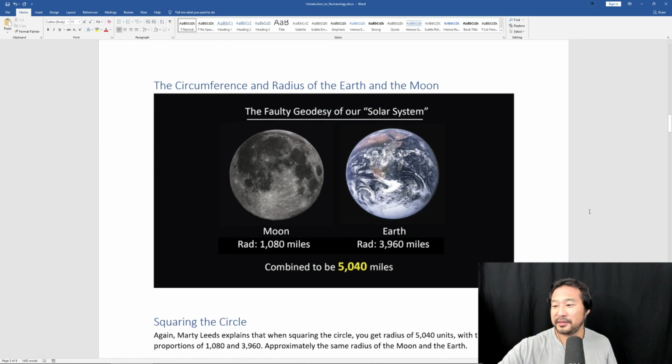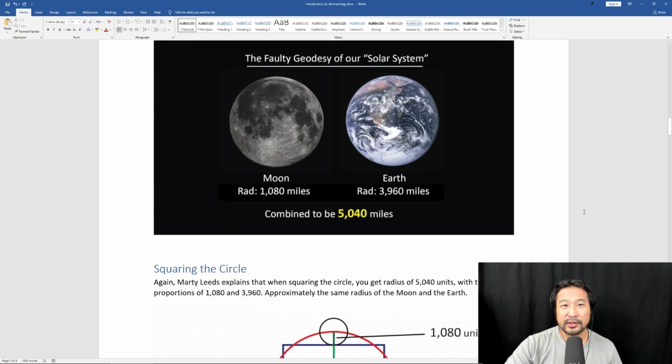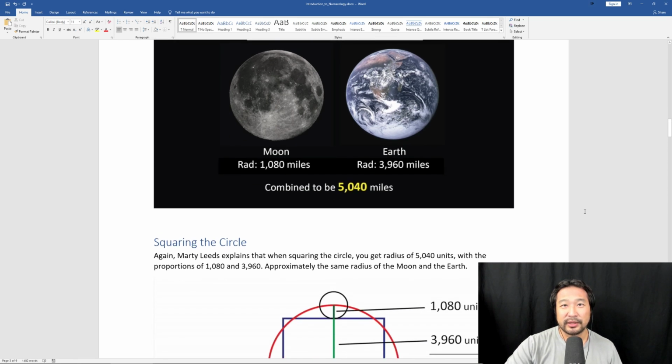Anyways, that's something interesting. All right, getting into a little bit more stuff that actually means something. They all mean something. Okay, the circumference and radius of the Earth and the Moon. So this was going over. If you watch Marty Leeds, he goes over it well. But basically, they tell you what the radius of the Moon and the Earth is, and combined it's 5,040 miles.